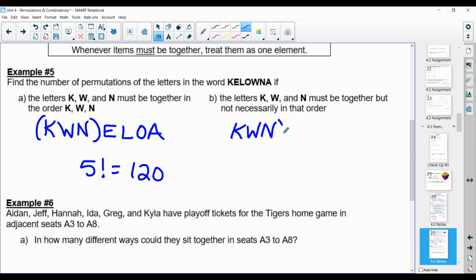So again, I would write out my letters, K, W, N, and then E, L, O, A. There's 1, 2, 3, 4, 5 factorial ways that I can arrange those groups, but the KWN can be rearranged within their group. So now there are 3 factorial ways to arrange those letters. So 5 factorial times 3 factorial is 720.